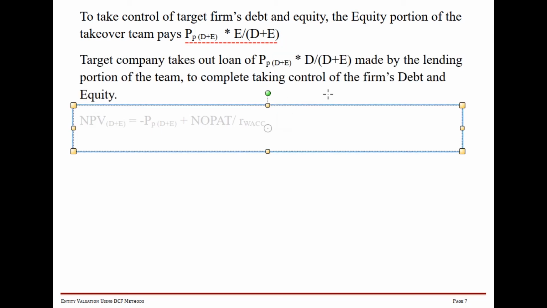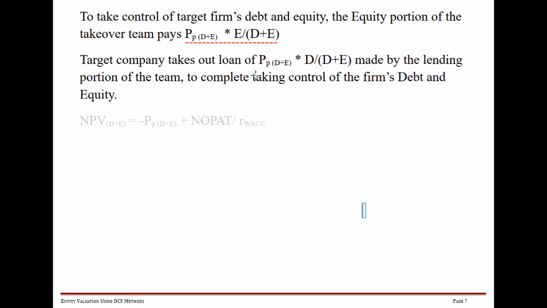The target company is going to take out a loan of the total amount required to take over the company times D over D plus E, and that loan is going to be made by the lending portion of the team to the entity that's being taken over. So the entity that's being taken over will be levered up.